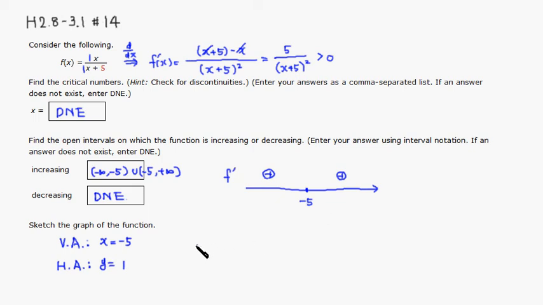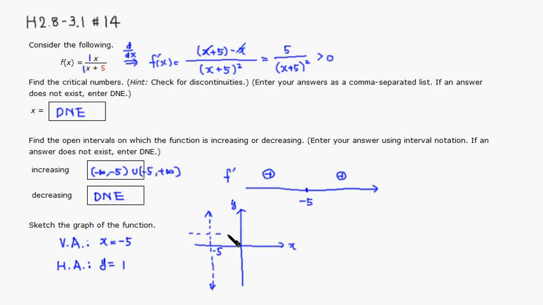So if you were to sketch the graph, it would look something like this. So here is the y-axis, and here's the x-axis. Then the vertical asymptote is at -5, so say something like that. And the horizontal asymptote is 1.